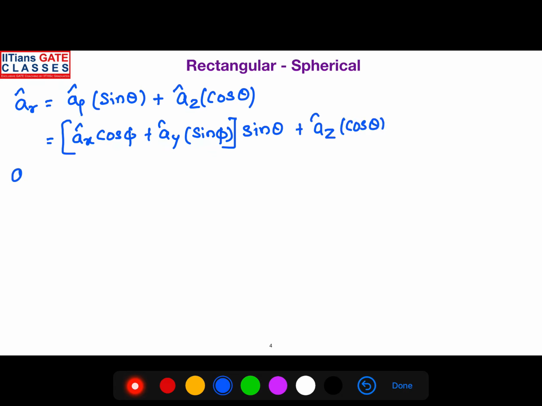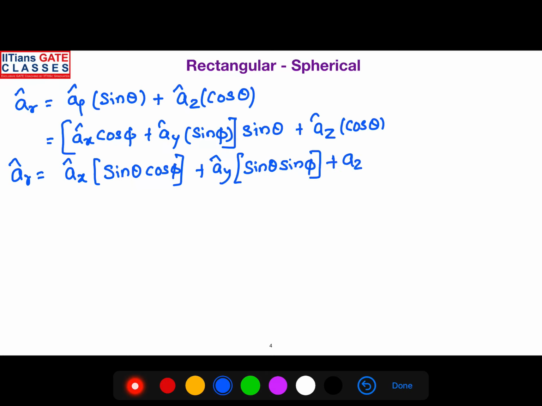So what does the vector AR become now? The multiplier of AX will be sin theta cos phi, the multiplier of AY will be sin theta sin phi, and the AZ multiplier will be cos theta. So this is your equation 1.